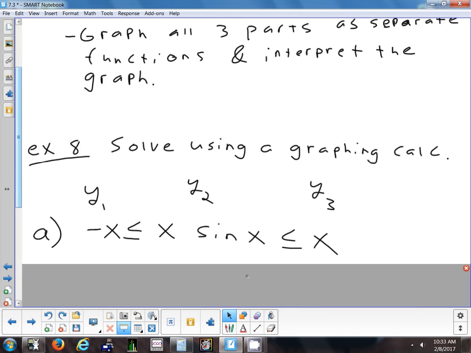Okay. What does the graph of negative x look like? Just y equals negative x. It's a line with a slope of negative 1, and it goes right through the origin. How about y equals x?